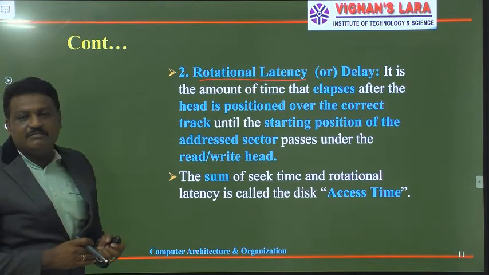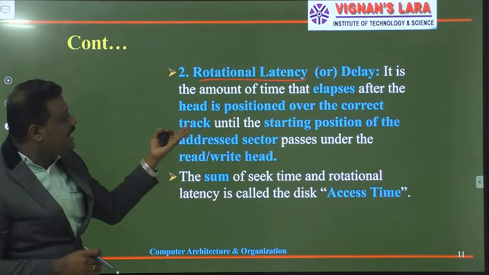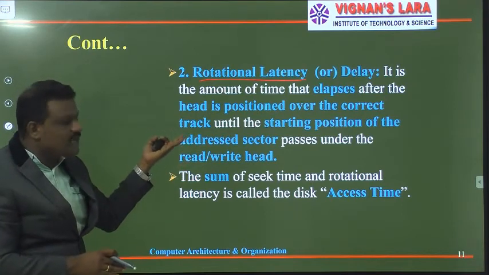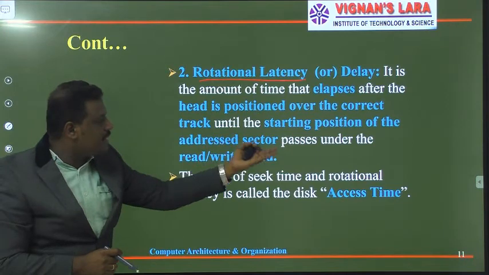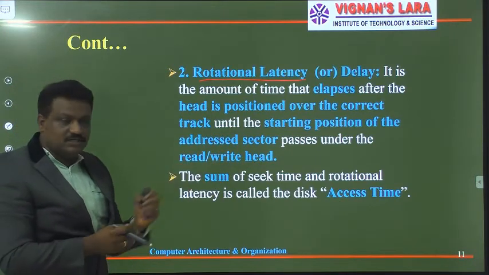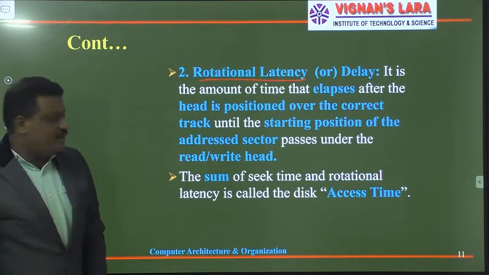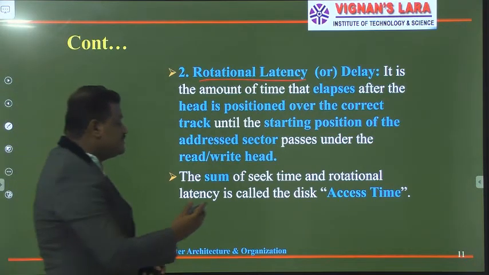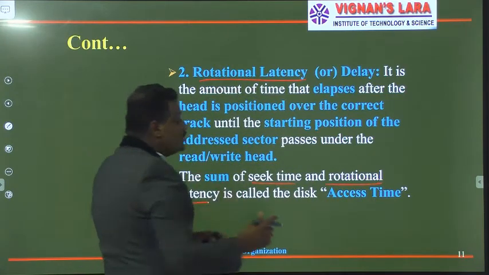So here I clearly mentioned it is the amount of time that elapses after the head is positioned over the correct track until the starting position of the addressed sector passes under the read-write head itself. This is the meaning of rotational latency. Next, the sum of seek time and rotational latency is called access time.